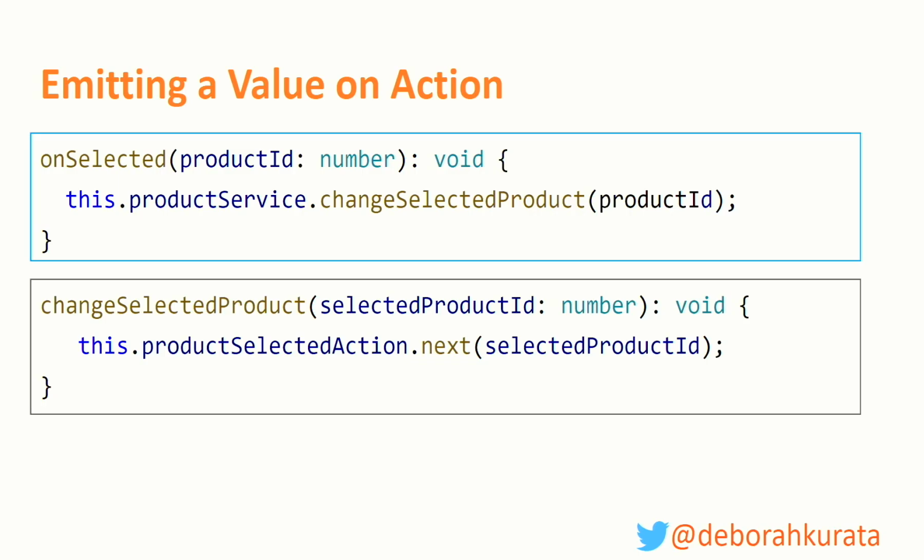Our product service code then is going to call our subject's next method. You notice that one doesn't have the $ sign on it, so that's our subject version. And we're going to call next, which basically takes that selected product ID and emits it into the stream.